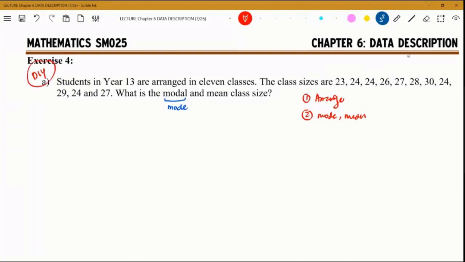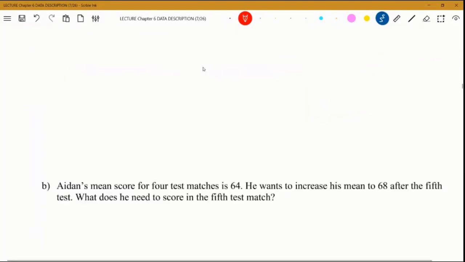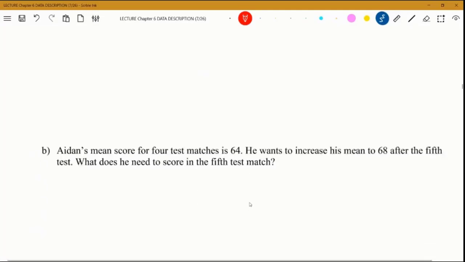Part B. So Aidan's mean score for 4 test matches is 64. So here it says his mean is 64 and his N is 4. Okay. He wants to increase his mean to 68 after the 5th test. So what does he need to score in the 5th test match?